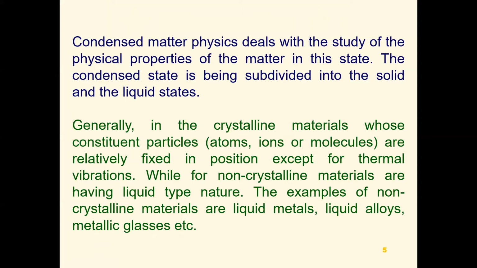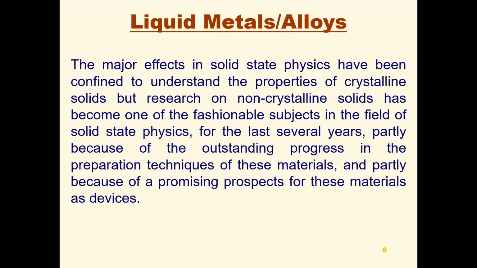Generally, crystalline materials are those whose constituent particles, that is atoms, ions or molecules, are relatively fixed in position except for thermal vibrations, while non-crystalline materials are liquid-like in nature. Examples of non-crystalline materials are liquid metals, liquid alloys, metallic glasses, and the so-called amorphous materials.